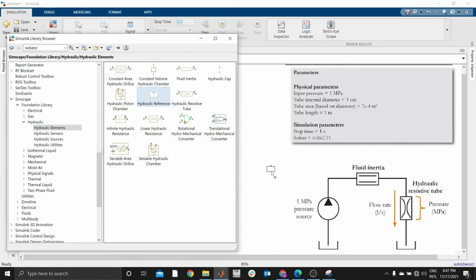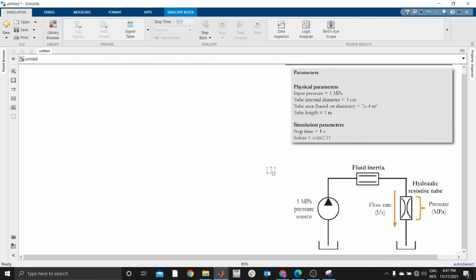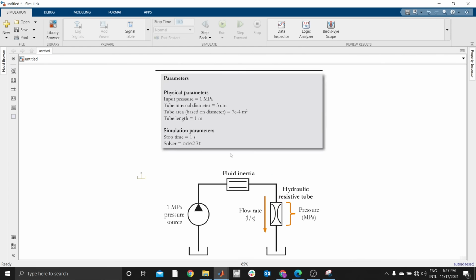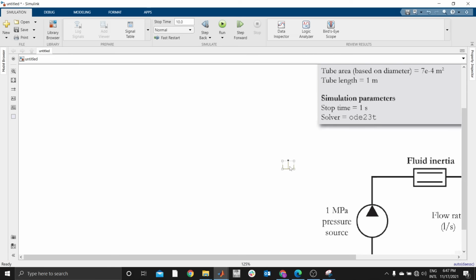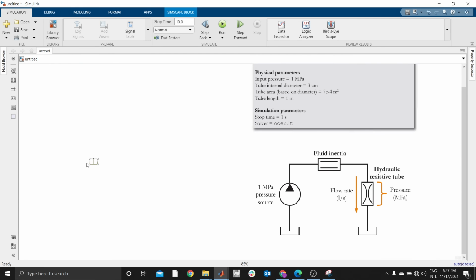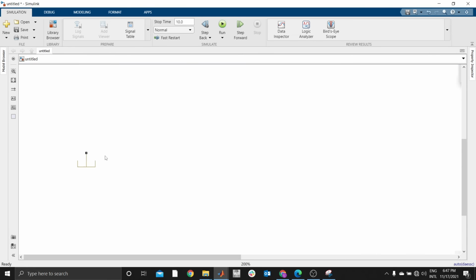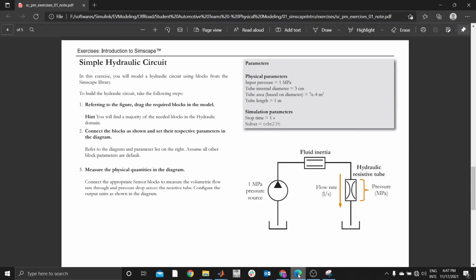Let me put it here. Okay, tank here. I will zoom in. That's my first one. Then we need inertia and a pump.